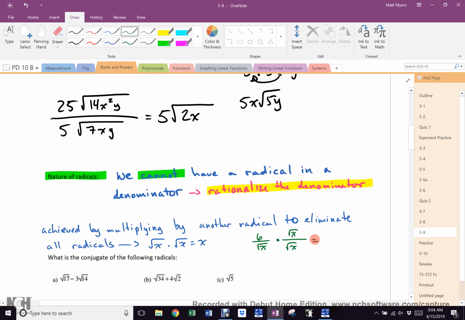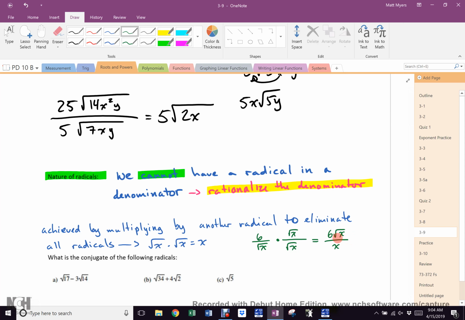So what does my answer become? 6 root x over... x, root x times root x is x. And now we're done. Because if I told you what the value of x was, this would make sense, right? If I told you x equaled 2, this answer would be 3 root x, right? And that would make sense.